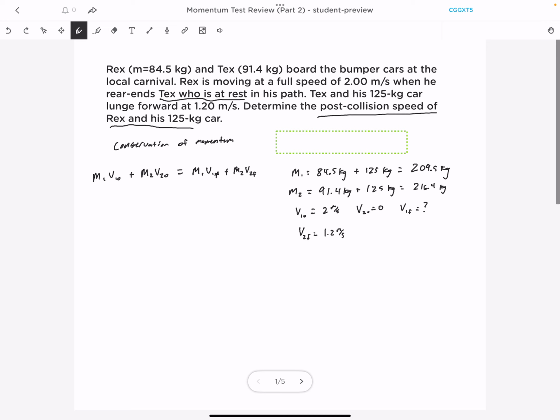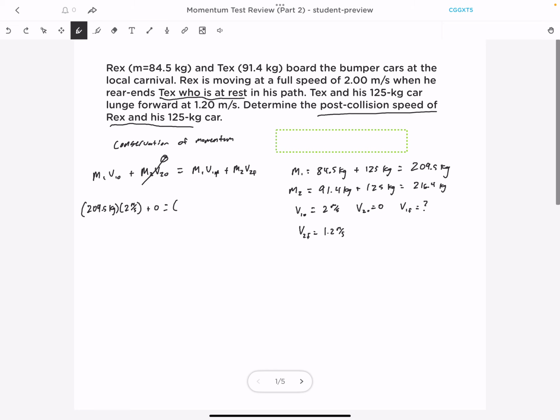So here we have m1 is 209.5. So we have 209.5 kilograms times v1 naught, which is 2 meters per second. The initial velocity of Tex is 0, so I can just make that 0. All right, so his initial momentum is 0. And then that has to equal the final momentum of the system.